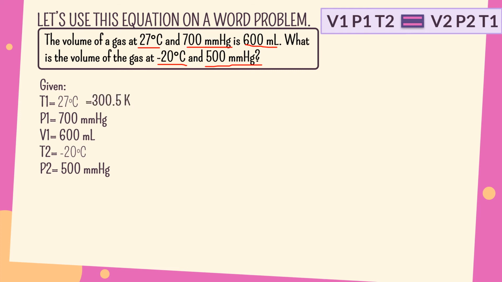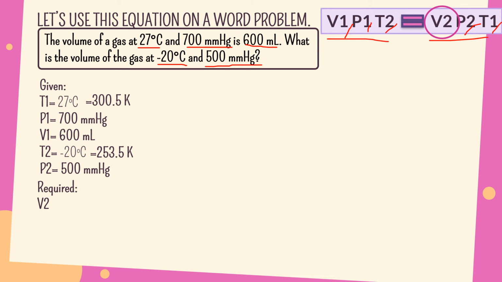Now, to identify the required one, we need to use this equation. So we have defined initial temperature, initial pressure, and initial volume. We also have final temperature and final pressure. So among this equation, the one that is unknown or required is the final volume. Now for the equation, divide both sides by the quantities beside the required one.